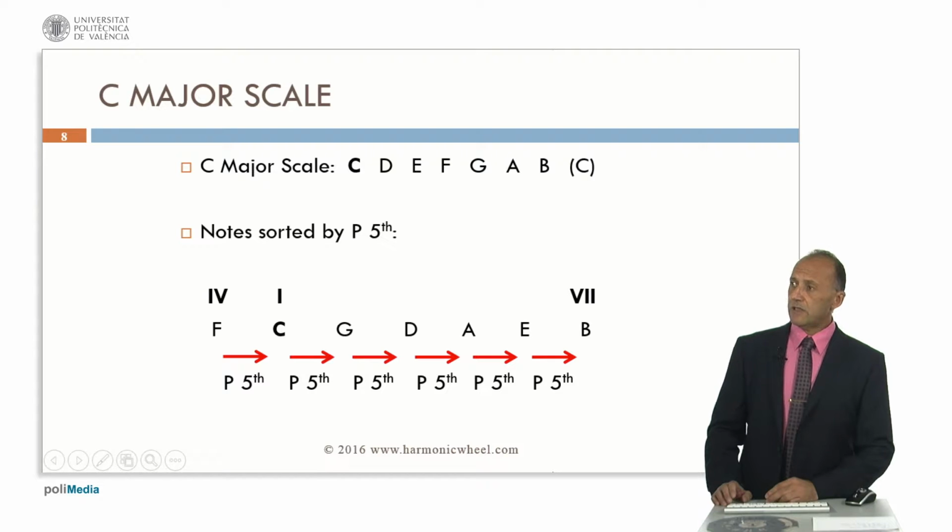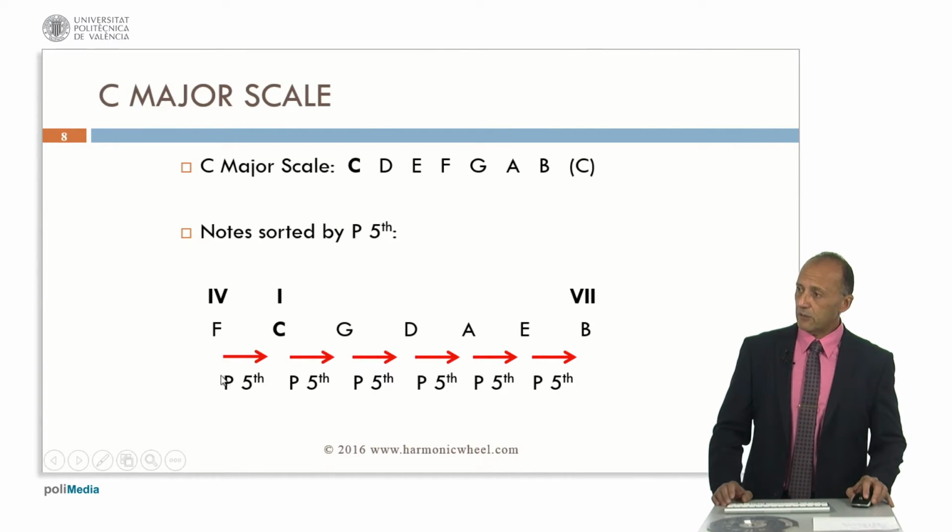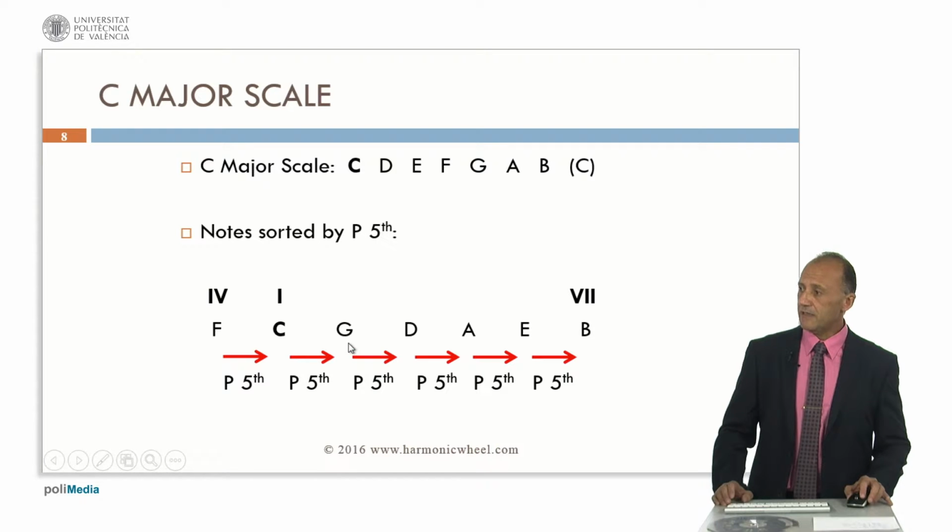If we start with the C major scale, which notes are C, D, E, F, G, A, B, and C, and we want to obtain other major scales, one way is to sort out those notes by perfect fifths. That is, we will write first note F, then C, G, D, A, E, B. In this sequence, the first note is the subdominant, the second one is the tonic, and the last one is the leading tone.